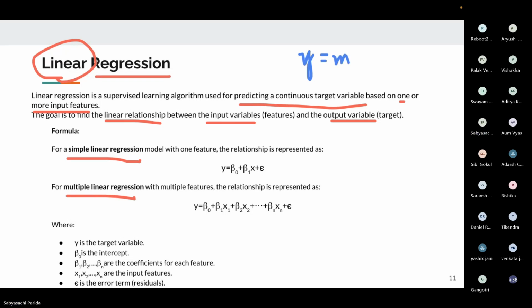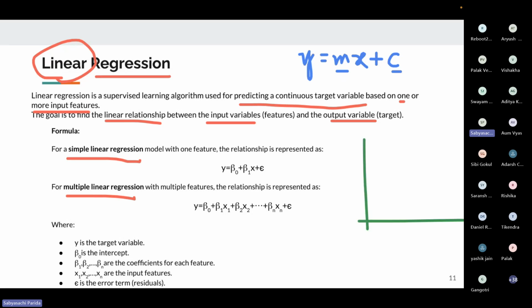Okay, let's write down that equation: y is equal to mx plus c. So what is m and what is c? M is the slope of the line. Okay, and c is the intercept. You might have learned this before also. So we can represent a line in the form of an equation: y equal to mx plus c.